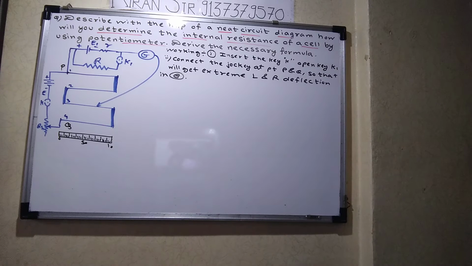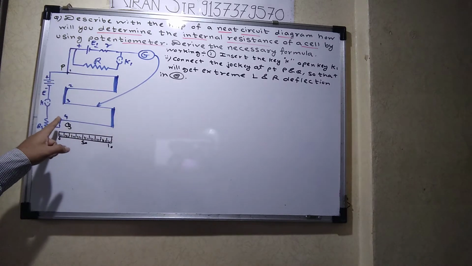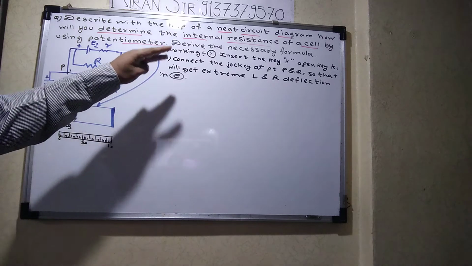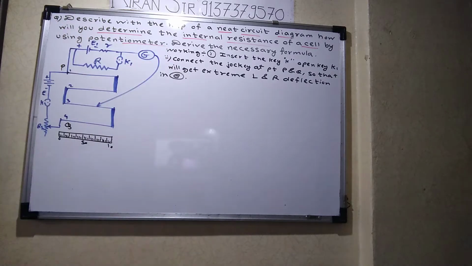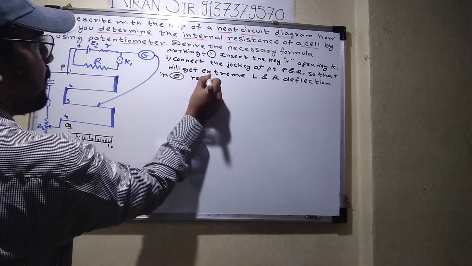What we have done in the last practical, the individual cell method and the sum and difference method, is we connect the jockey at points P and Q so that the galvanometer will show extreme left and extreme right deflection respectively.